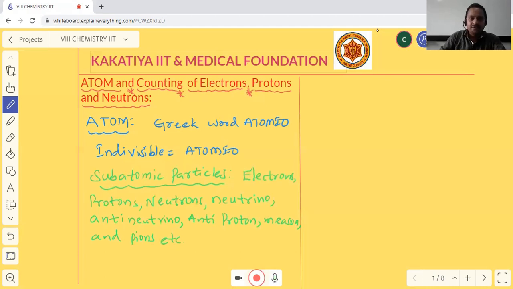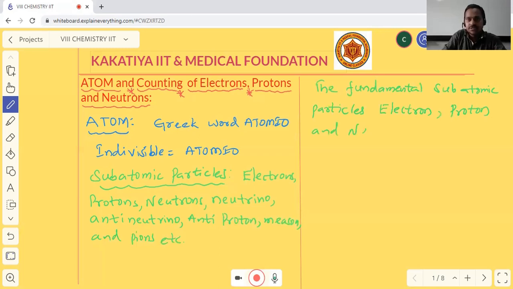Among them, the fundamental subatomic particles are electron, proton, and neutron. These are the main subatomic particles.